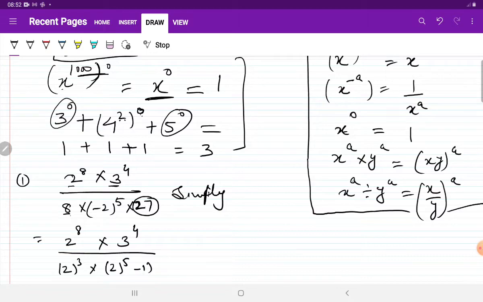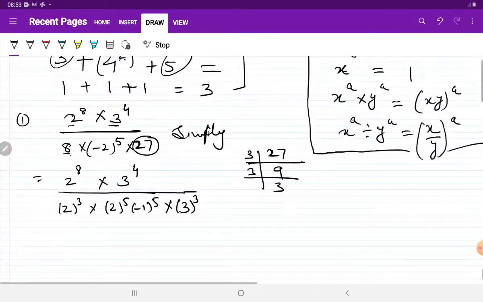And minus 1 raised to power 5. You can separate, we can write it. And what is 27? 27 is what? 3 raised to power 3. 3 3s are 9, 9 3s are 27. So any bigger number, you can find the factorization. Then you can write these numbers like I did here. Here's 27. I know that 27 is 3 into 3 into 3. So I write it here.